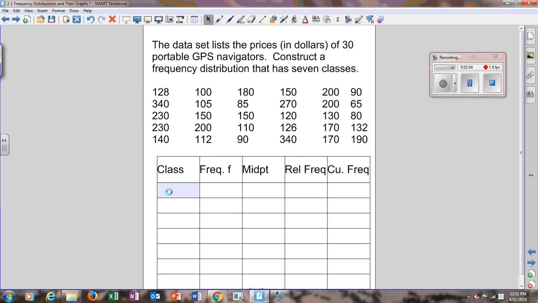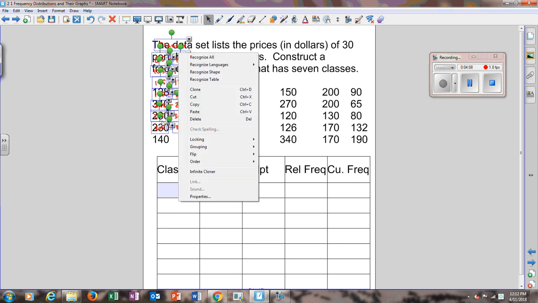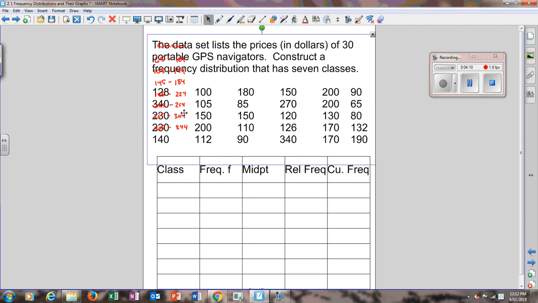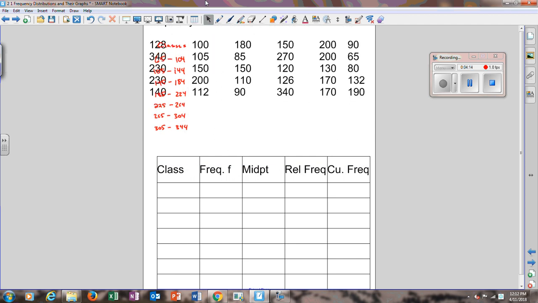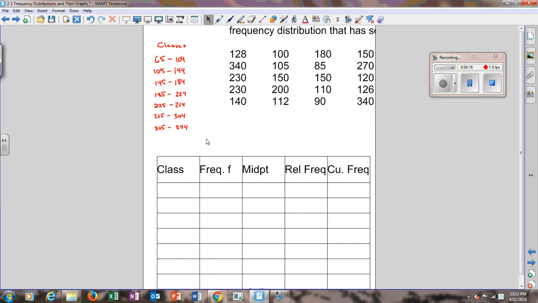We'll put those classes in. We're just copying the classes from before.